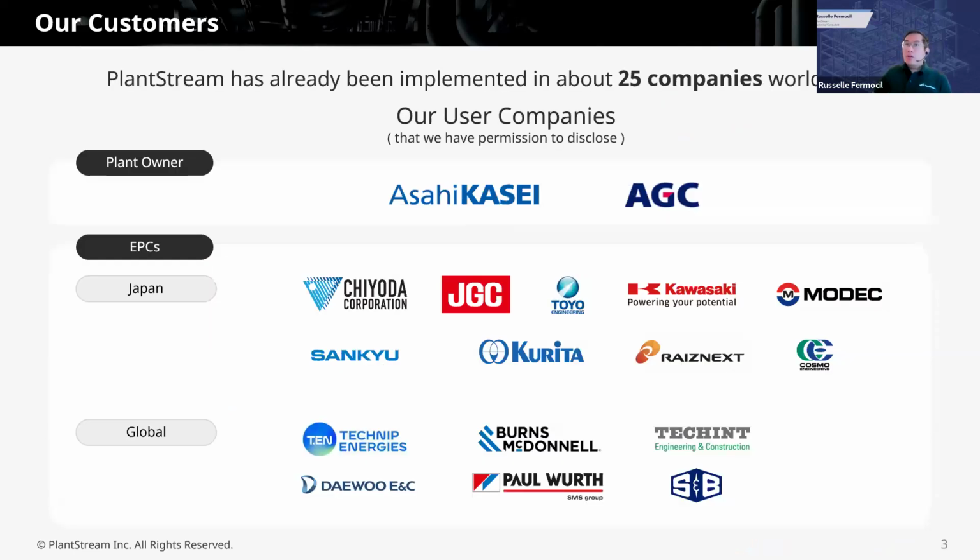So since our launch in 2020, PlantStream has been adopted by about 25 companies worldwide, ranging from plant owners and major EPC contractors, both in Japan as well as globally. As you can see here are some of the logos of our customers.